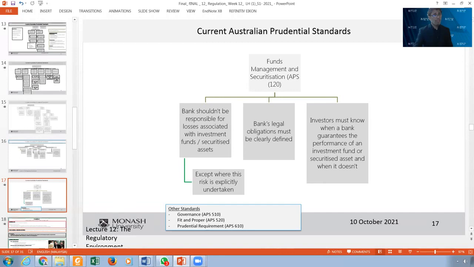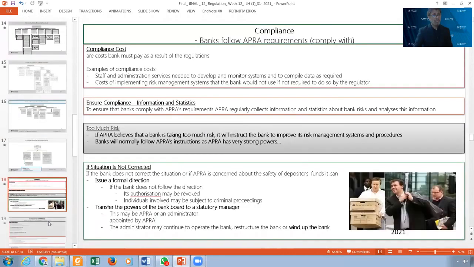Now let me come to the compliance. There is a compliance cost. Compliance means you have to carry out and apply the standards, and that is actually costly. Why? Because you have staff and administration services to do all of this, to develop and monitor systems, to comply.